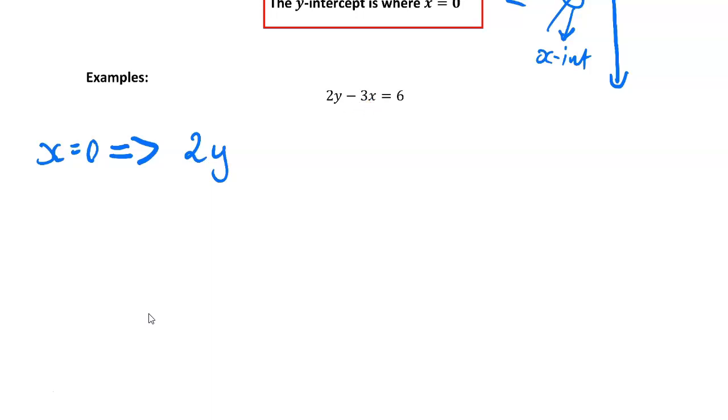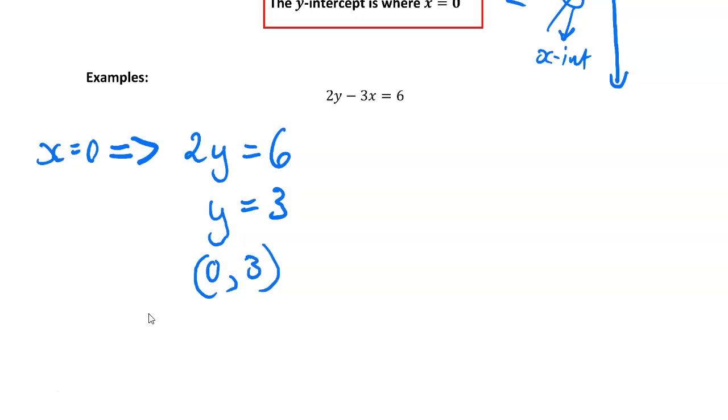Now x is equal to 0, so that's minus 0. So I don't need to write that in. Equals 6. So I solve for y. So I divide both sides by 2. So y equals 3. So my y-intercept occurs where x equals 0 and y equals 3.